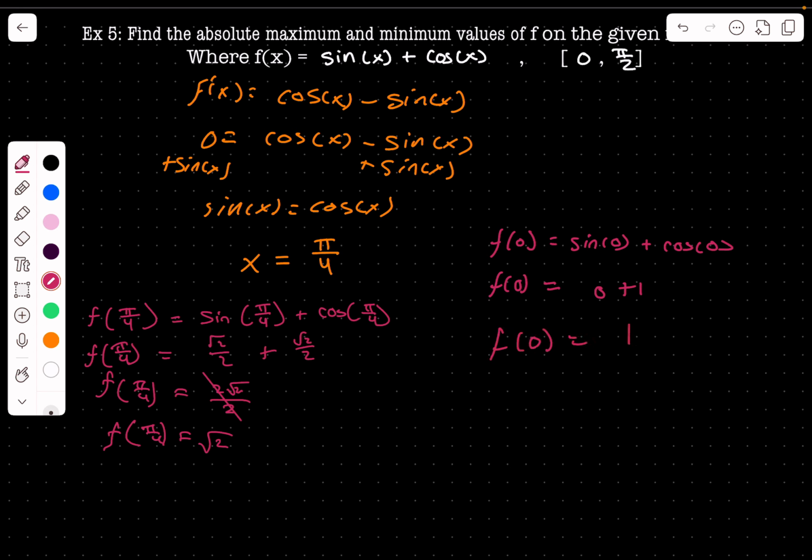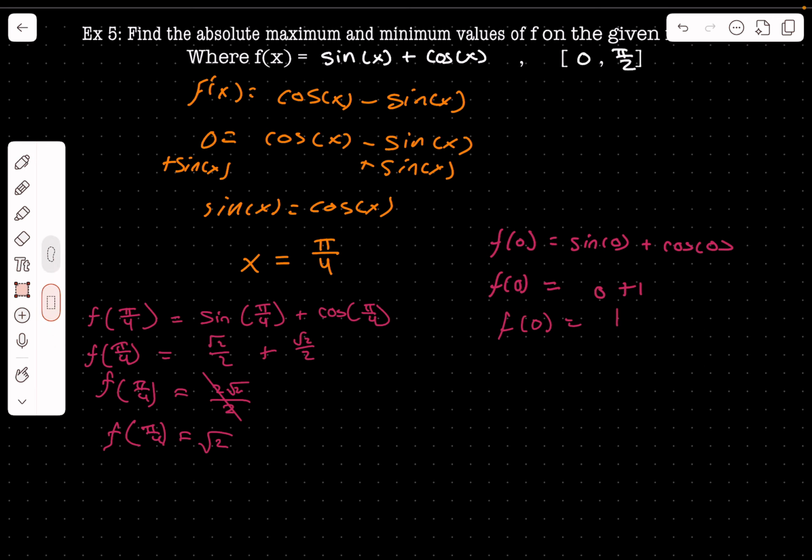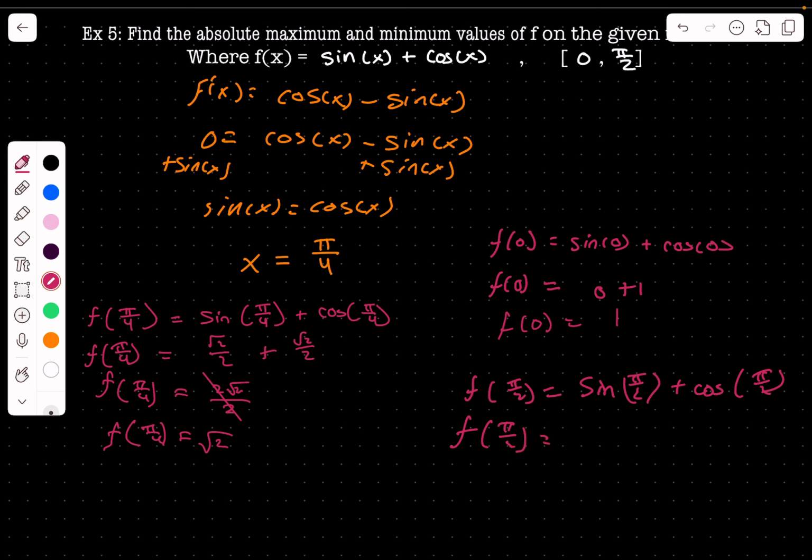So f of 0 equals 1. Then our last one is going to be pi over 2, sine of pi over 2 plus cosine of pi over 2. Sine of pi over 2 is 1, plus 0. And then we just get f of pi over 2 equals 1.